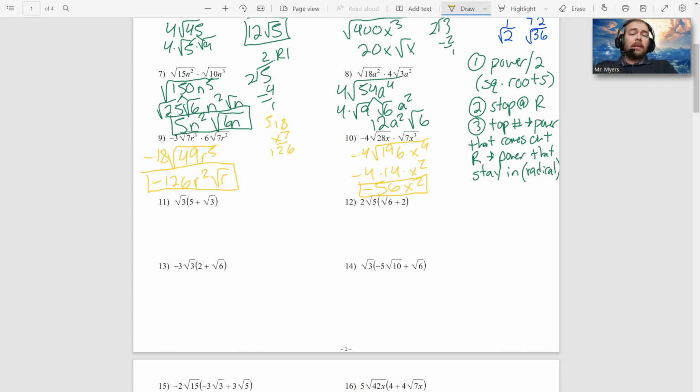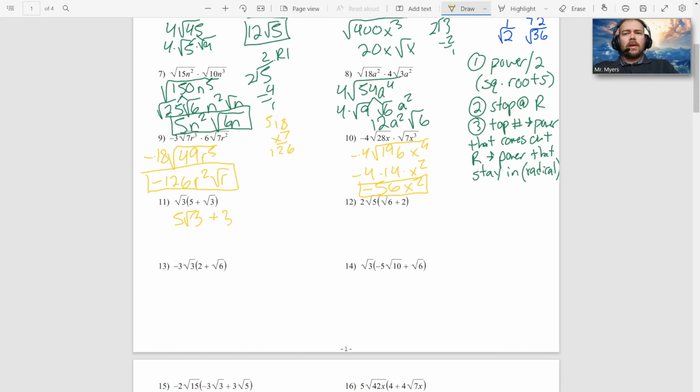So here we are multiplying, but distributing is a little bit different than regular multiplying because we're multiplying several things. So we multiply the square root of 3 by the 5. Nothing happens there because one is a regular number, one's a radical number, right? Radicals and regular people. So square root of 3 times square root of 3 would be the square root of 9, which is 3.